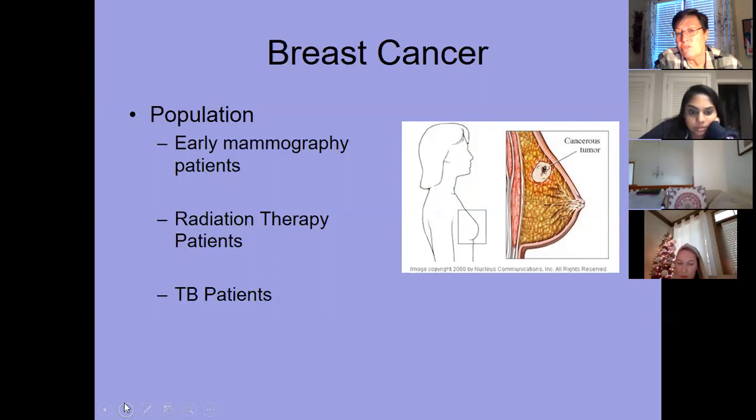The atomic bomb survivors also had increased risk of breast cancer, and they had a relative risk of 4-to-1 if they received more than 0.1 gray to the breast. So there's been a lot of different populations, again, that link breast cancer to radiation exposure.